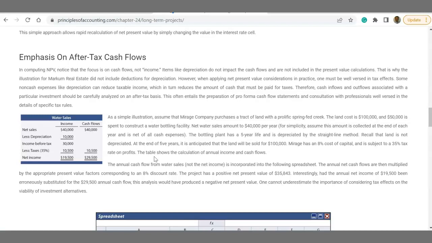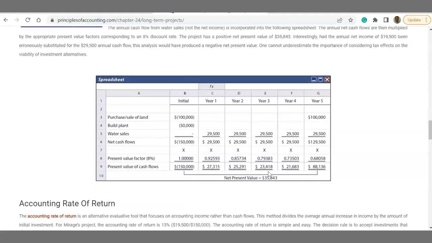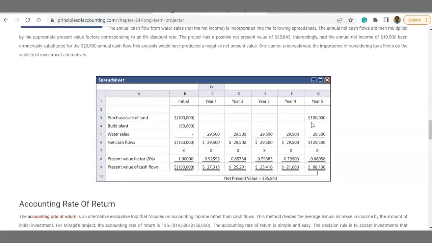The table shows the calculation of annual income and cash flows. The annual cash flow from water sales, not the net income, is incorporated into the following spreadsheet. Here, the annual net cash flows are then multiplied by the appropriate present value factors corresponding to an 8% discount rate. The project has a positive net present value of $35,843.